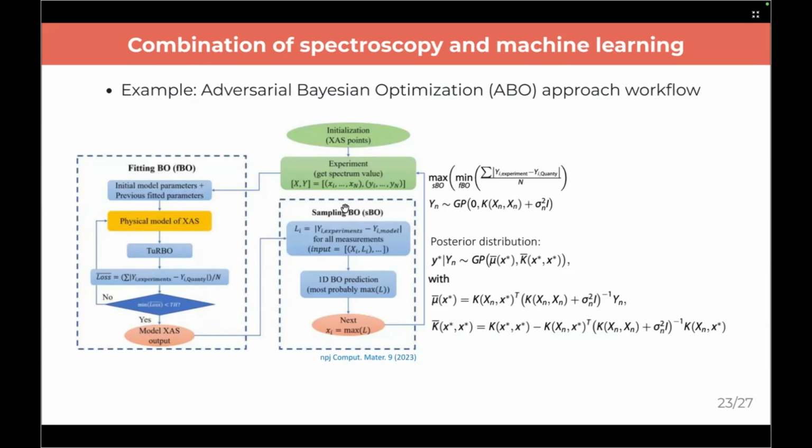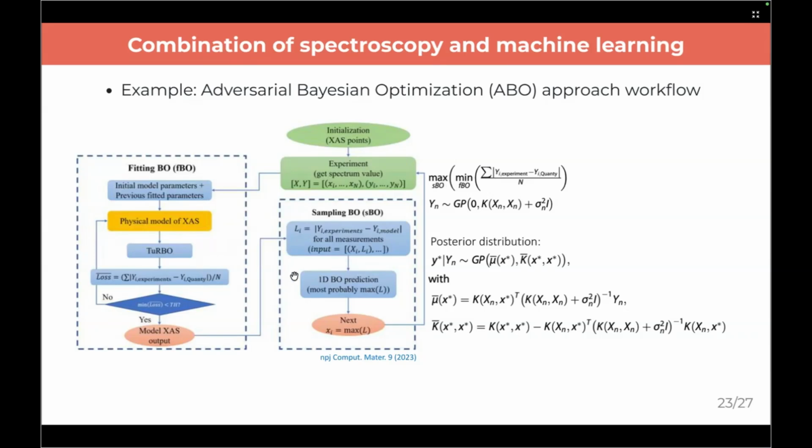So the sampling Bayesian optimization in the training process will try to maximize the loss while defeating the fitting Bayesian optimization, into which we also embed the physical model, that is the quantum model with the Hamiltonian, constructed into the fitting part as well. It will try to minimize the loss function derived here, the difference between the experiment and the quantum output.